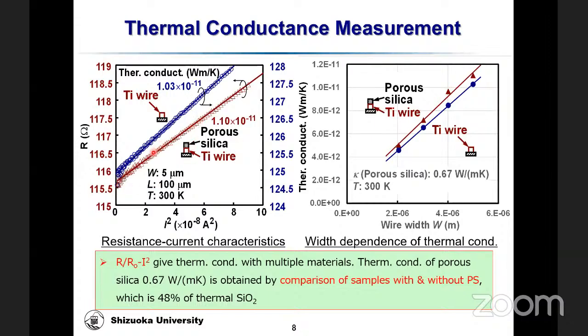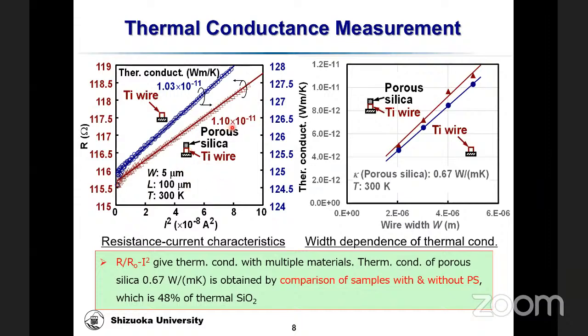And this line corresponds to the structure with porous silica. And this line corresponds to the case without porous silica. Due to the addition of porous silica, conduction becomes larger and the slope becomes gentle.